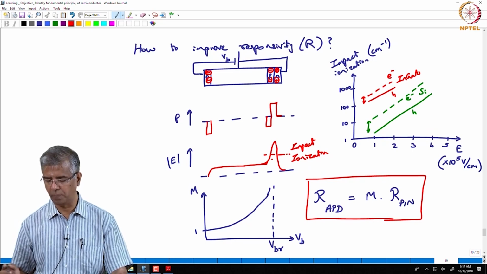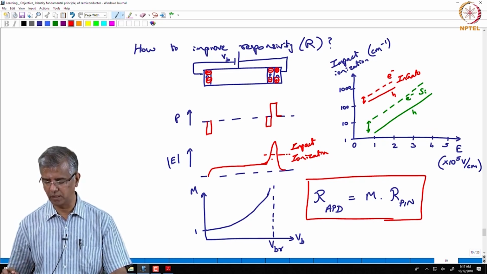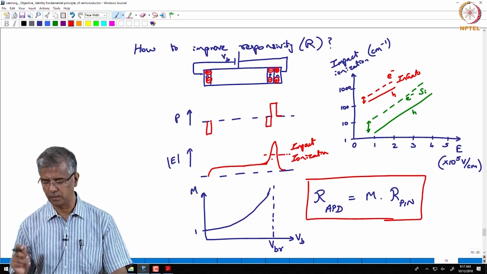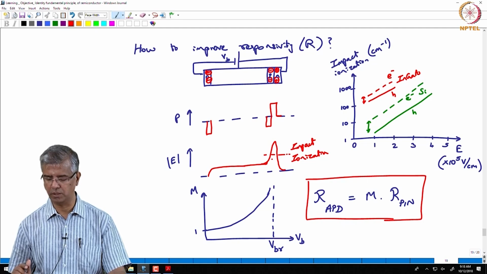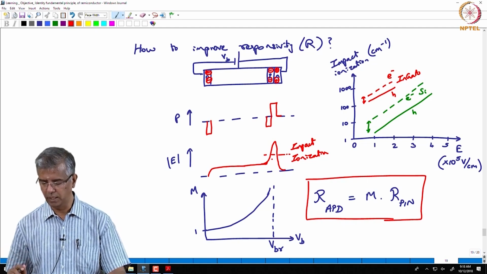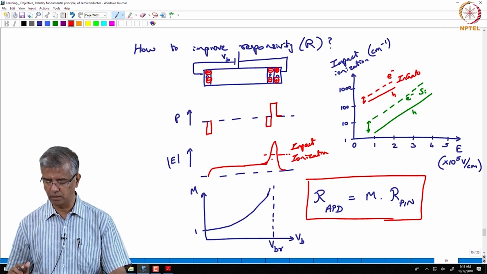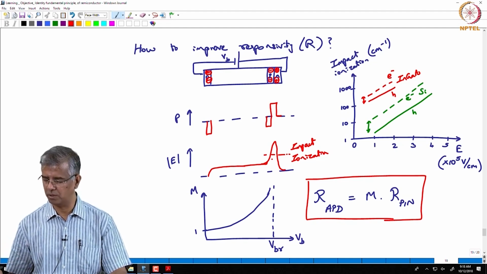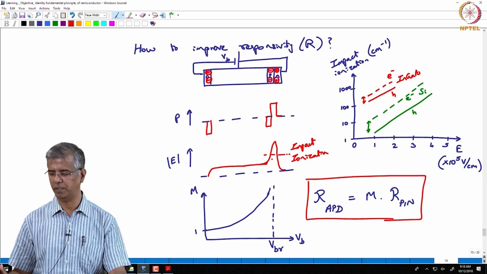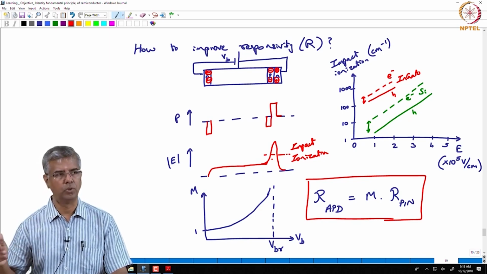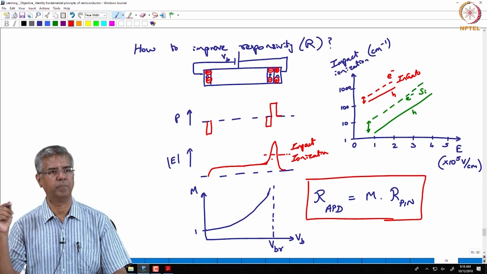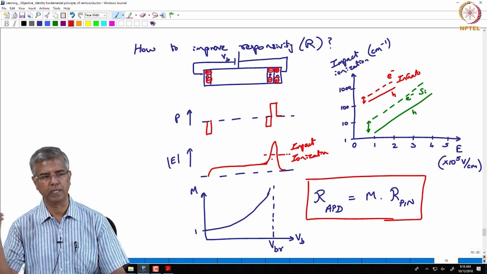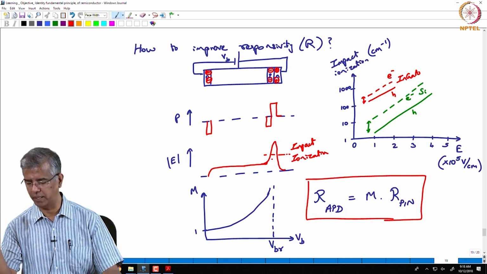So, when you apply an external bias, most of that voltage drop happens in that PN junction on the right side, and if the electric field is high enough, we are talking about electric field magnitudes in the order of 10 power 5 volt per centimeter, then you have impact ionization happening, which gives rise to avalanche multiplication of your carriers.